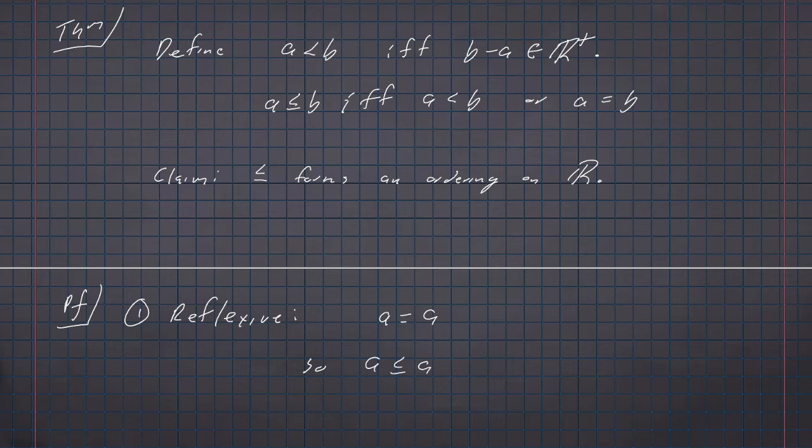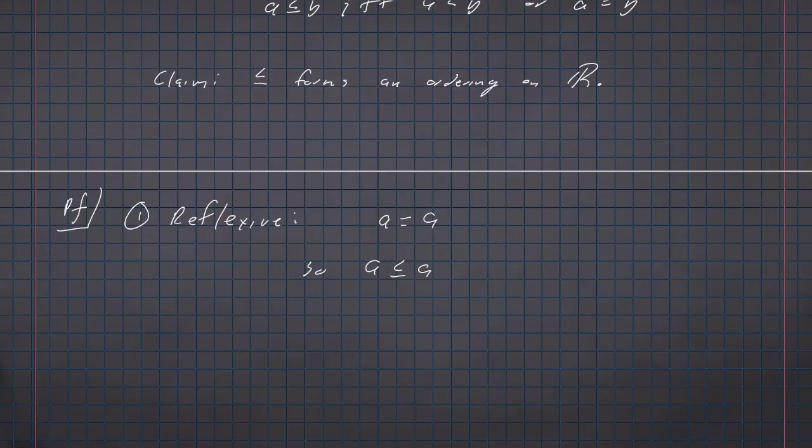The reflexive property is pretty easy. We know, by definition of equality, that A is equal to A. And since A is equal to A, then it must be the case that A is less than or equal to A, because that's how we defined less than or equal. The anti-symmetric property is where we can start getting things interesting.